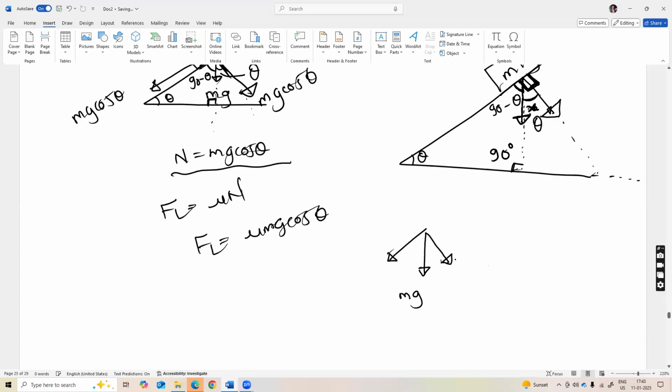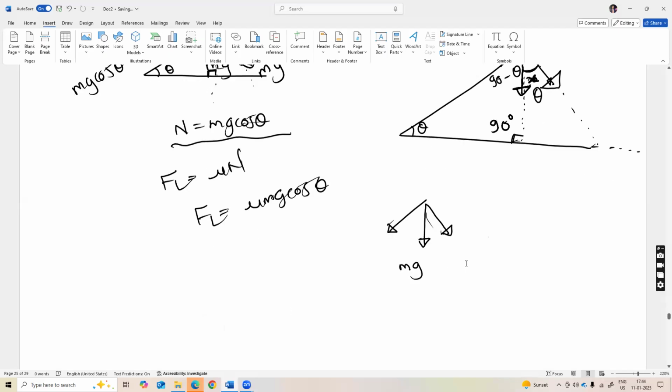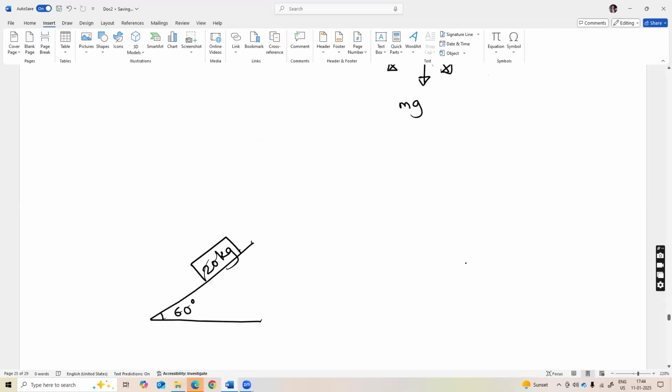And you have to find its component along this axis. Okay, this component you have to find, right? Yes, sir. One second, I will draw bigger. This is, let's say, a vector. We have force, right? This is vector mg. This angle is theta.